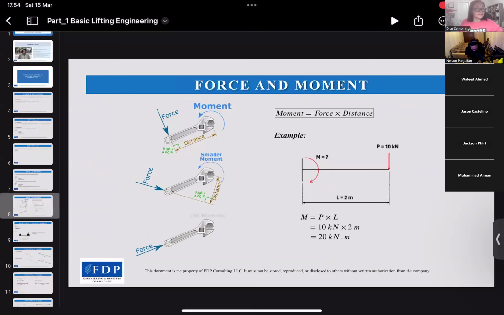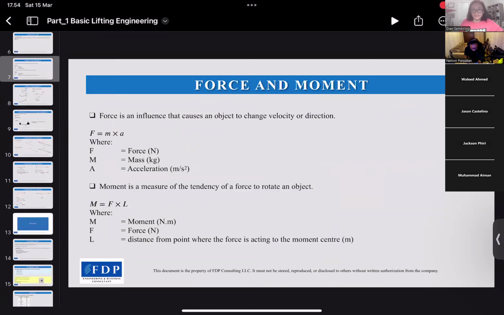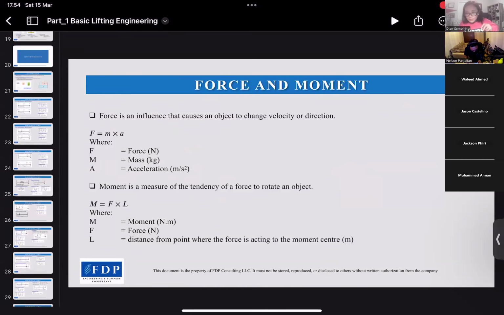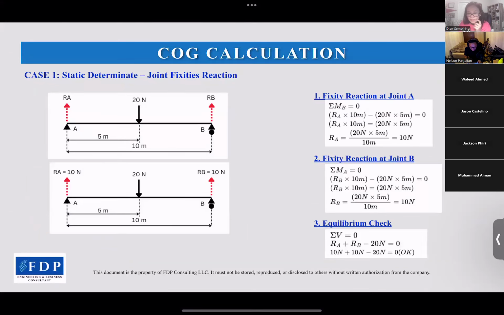Moment is a measure of the tendency of a force to rotate an object. So when there is a distance acting on the force, then there will be a moment. That's why we will apply that to calculate the fixity reaction.